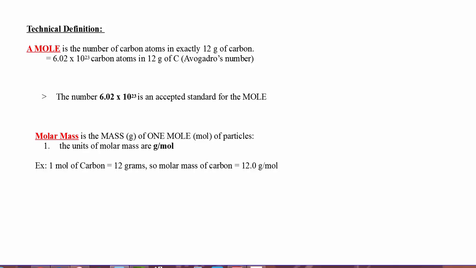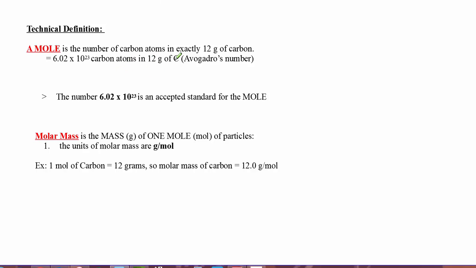And perhaps somewhat arbitrarily, carbon was chosen to be the substance or the element to experimentally measure and come up with a standard accepted number. And so this is where the number 6.02 times 10 to the 23 comes from.